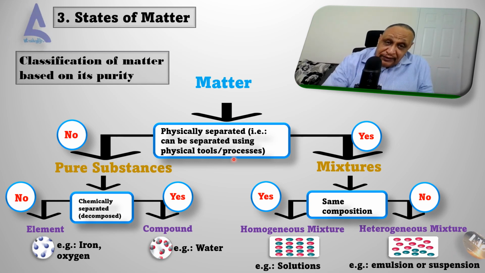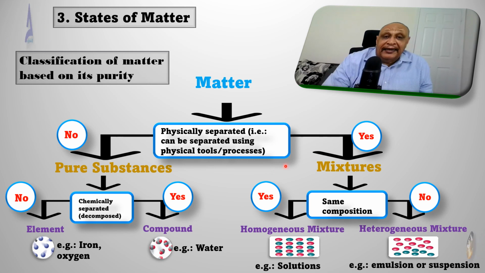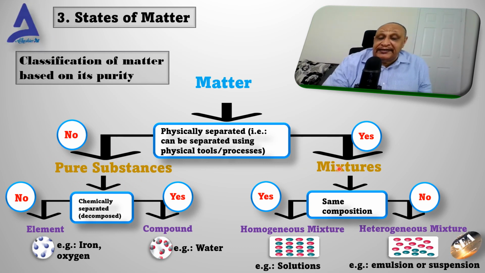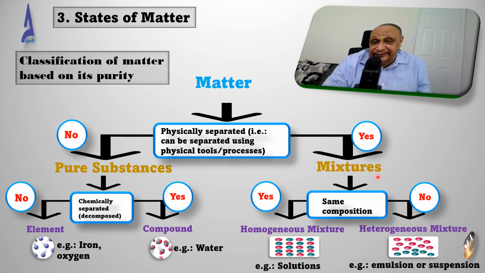So by using physical separation processes, I may have a yes, that means it works, or no, that means it doesn't work. If it doesn't work, that means what we have is a pure substance. If it does work, that means we have a mixture.